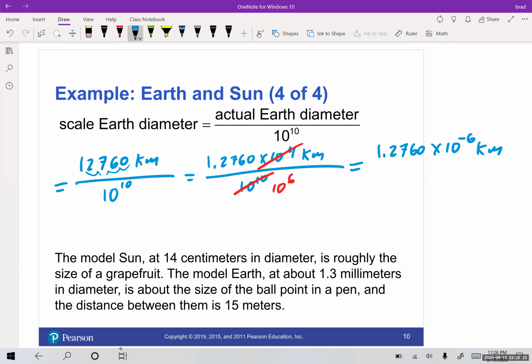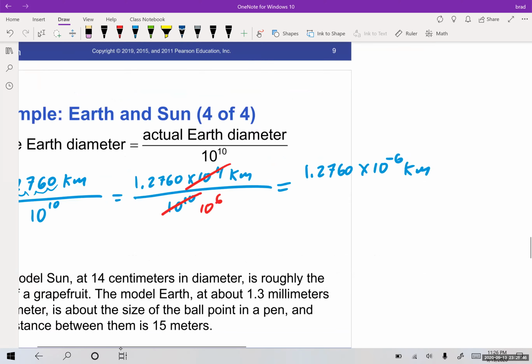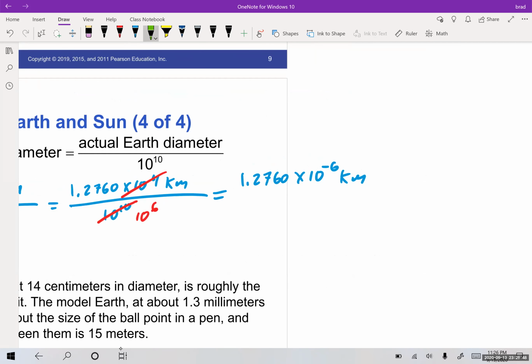But again, we may not want to deal with it in kilometers. Geez, that's pretty small. That's a very, very small number. Let's try to convert this to millimeters to make it sound a little bit better. So this is 1.2760 times 10 to the negative 6. I'll even write it in green.